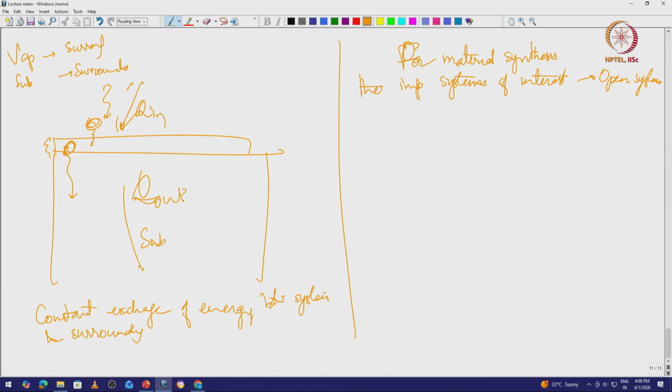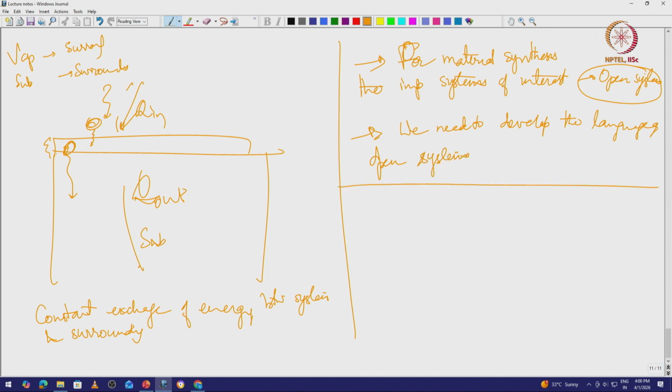So we have to, ideally as soon as possible, go to the language of open systems. We need to develop the language of open systems.